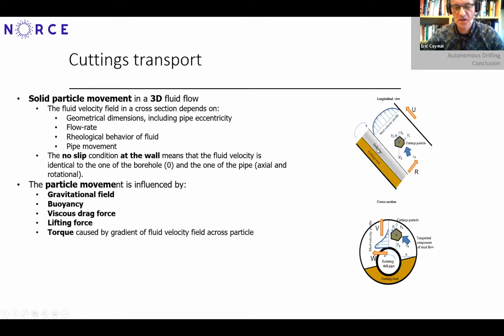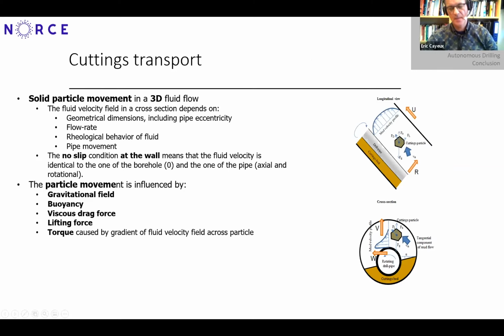Now, cuttings transport is a very complex problem. When you look at what happens to a cuttings particle, which is exposed to a three-dimensional fluid velocity field, it is exposed to many different forces. Of course, gravitation, buoyancy force, but also viscous drag, lifting forces, and torque, which makes the particle spin, because the particle is never spherical.